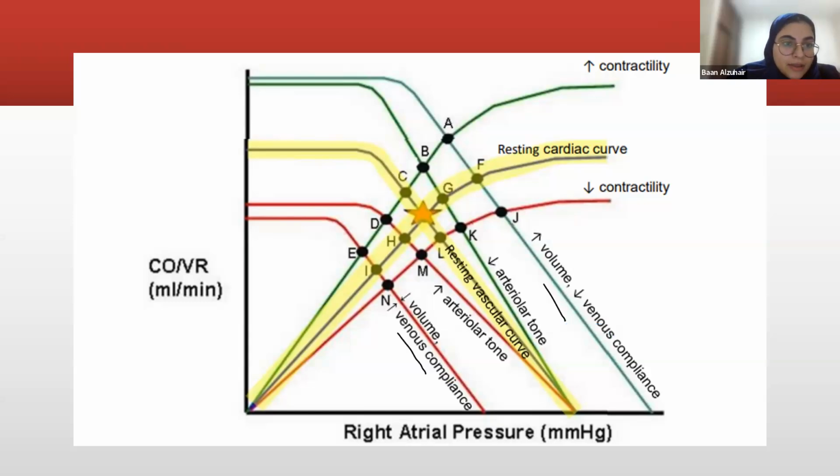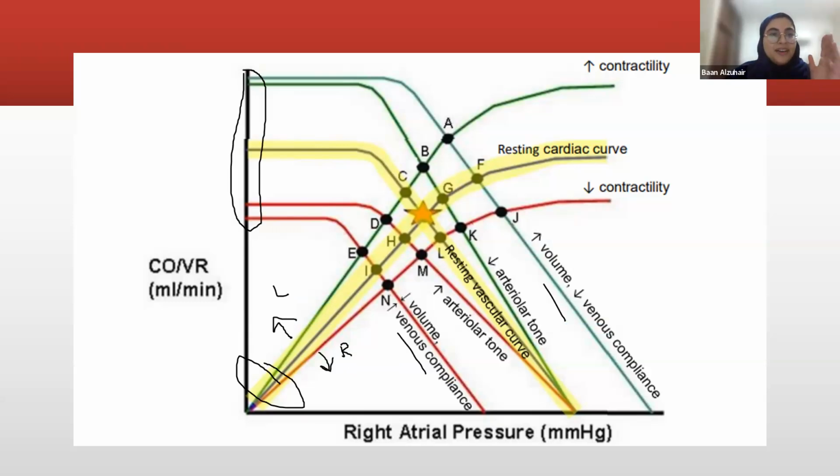So as I said, these lines are concerned with cardiac output and venous return. Any shift in these lines, whether upward or downward, is a change in cardiac output and venous return. These lines over here, a shift to the left or a shift to the right, are changes in contractility.